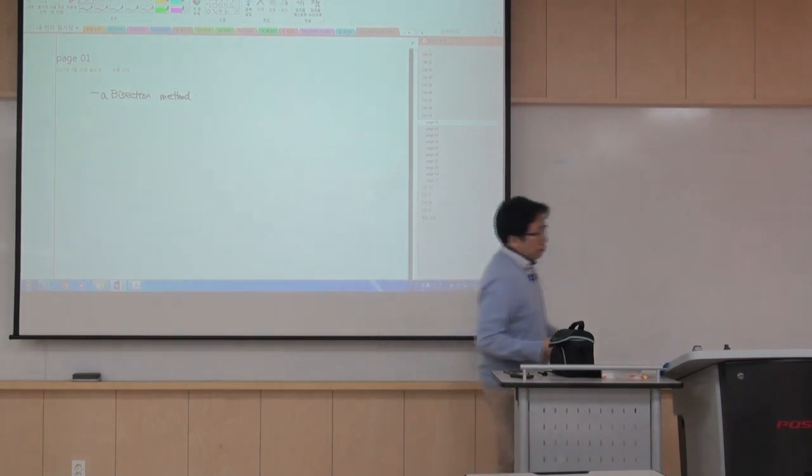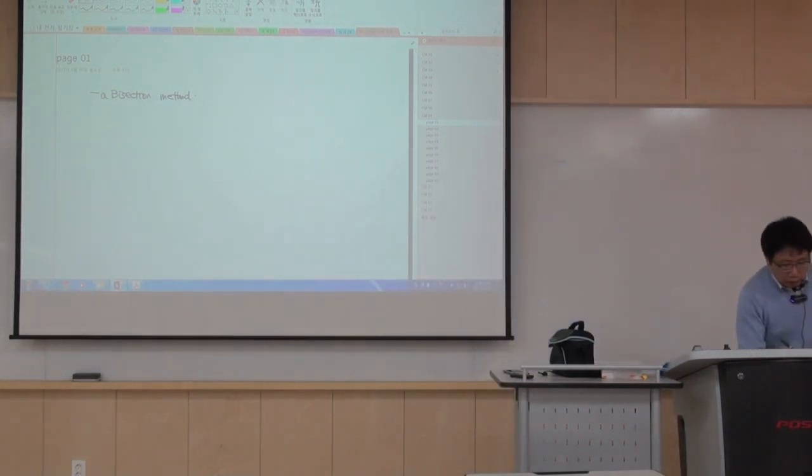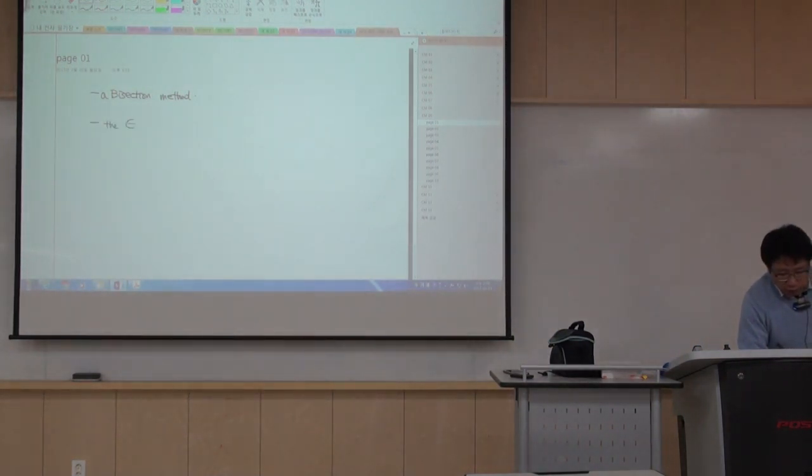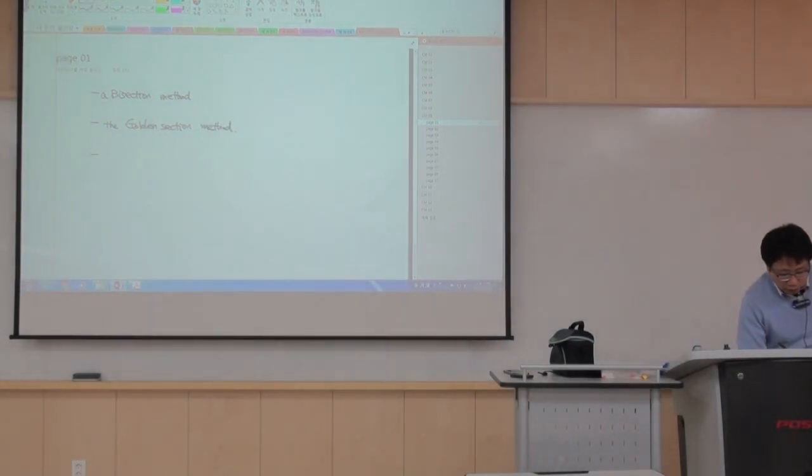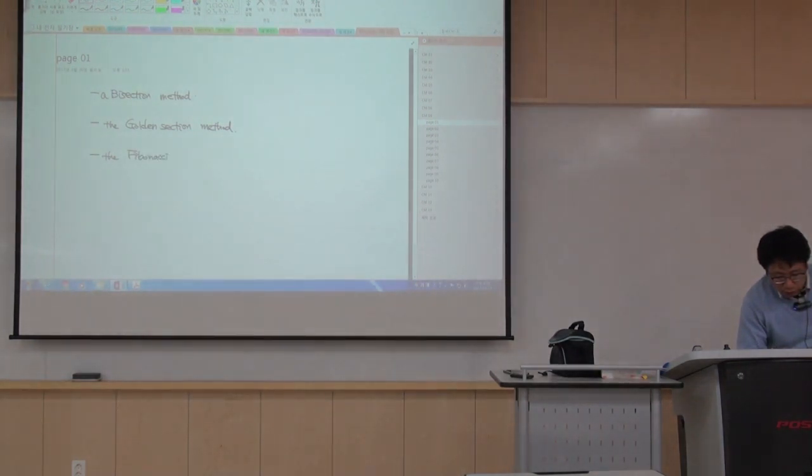Now, what did we have? We have the golden section method or algorithm. And I also mentioned the Fibonacci search method.